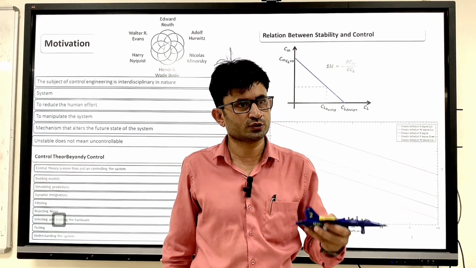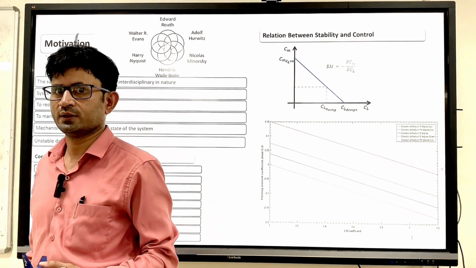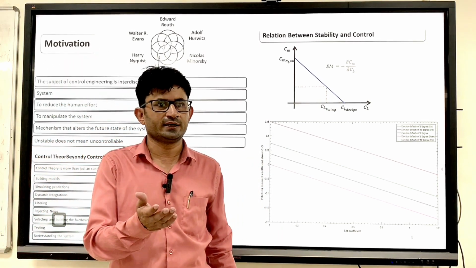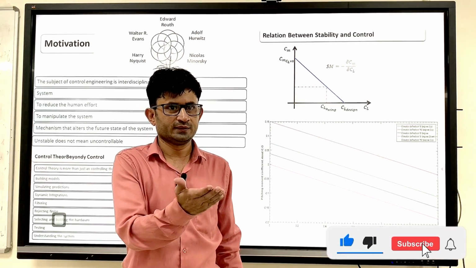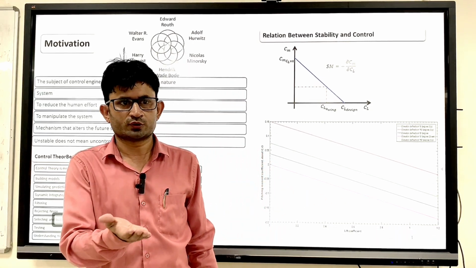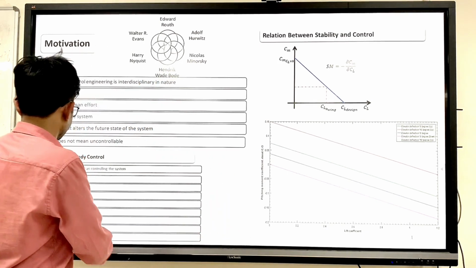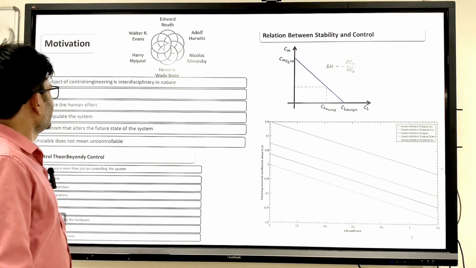So that can be controllable, and a quad rotor is also controllable. And for example, if you balance a stick on your hand and keep it still, suddenly the stick will drop, right? But if you move the hand like this, you will be able to control the stick. So that is why it is written unstable does not mean uncontrollable, okay?